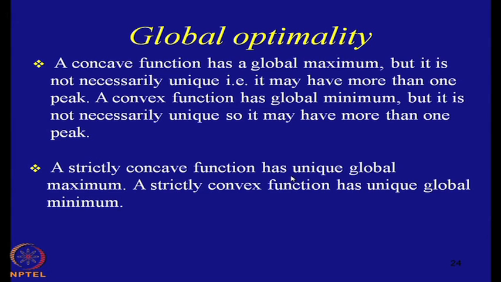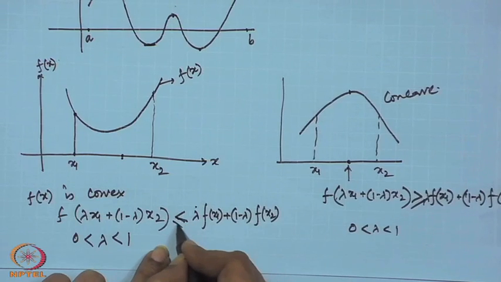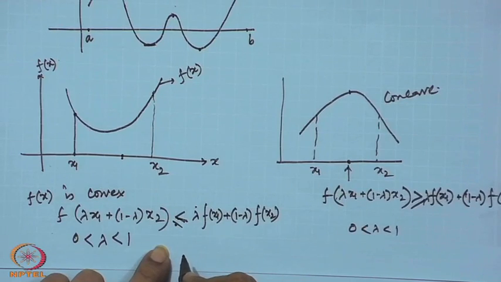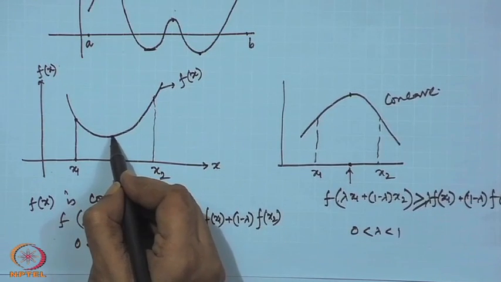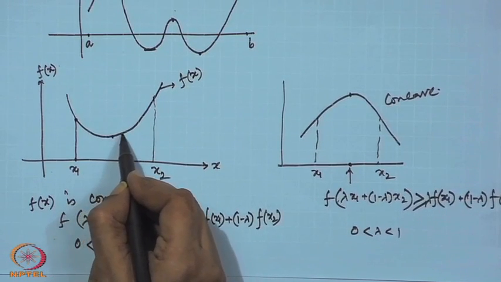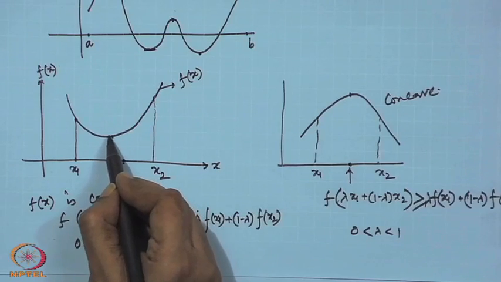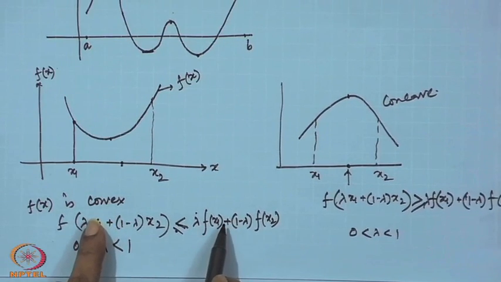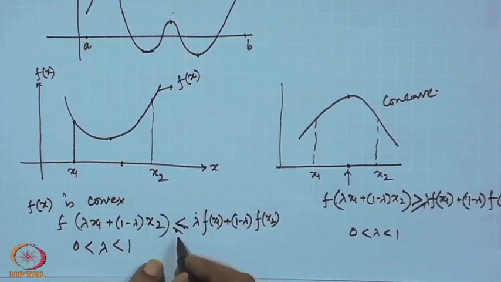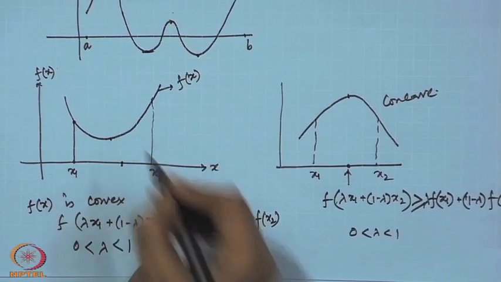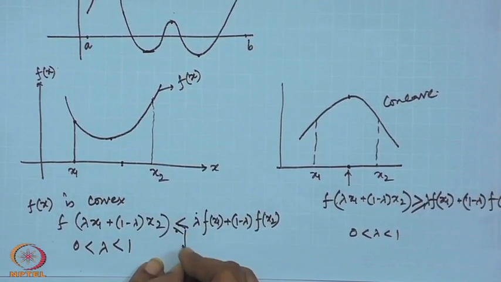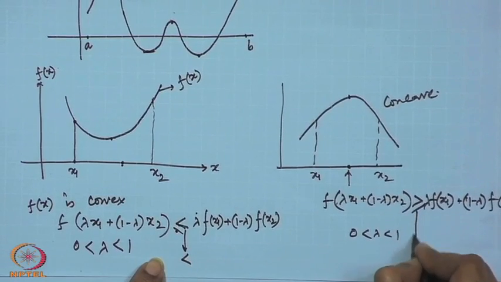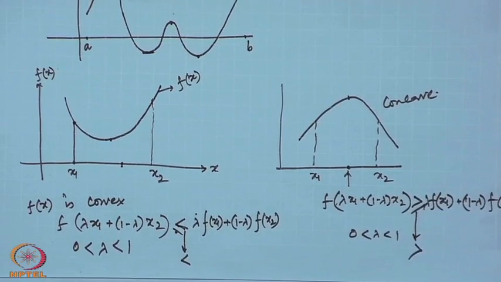Strict means what? Whatever inequality we have achieved here, the equality sign should not be there. That is why we will get only one point here. There should not be any flat area where we have several points where the equality holds. Strict convex means this inequality would be less than only, and strict concave means this would be greater than only.